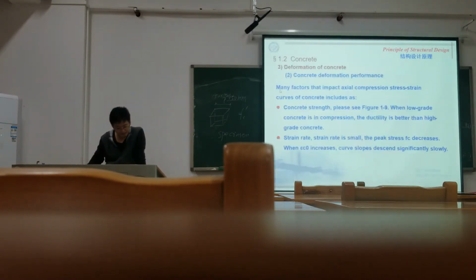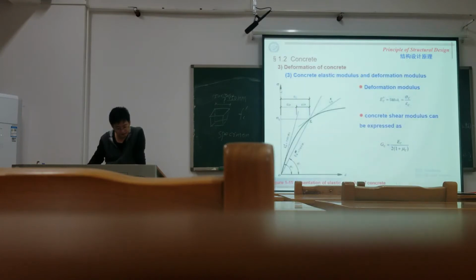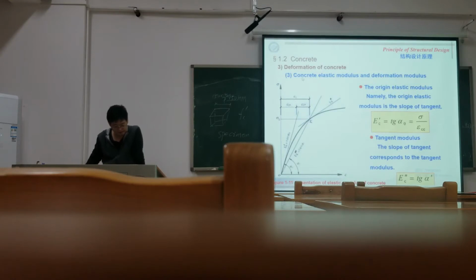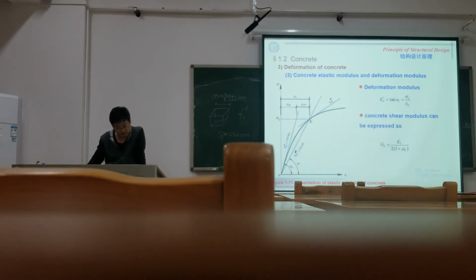So actually, those things we have all introduced, and we also reduced the modulus. There are three different calculation methods to get the modulus: the origin elastic modulus, the tangent modulus, and the deformation modulus.